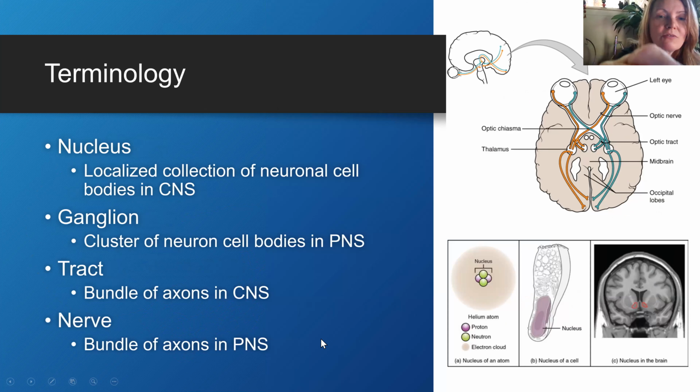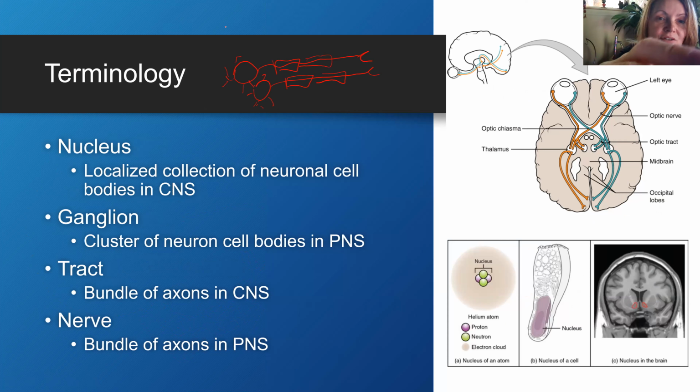So here we go. Remember what I drew for you. We have cell bodies and axons. Here's my dendrite. Here's another neuron with dendrites and axons with myelin. Making sense so far?